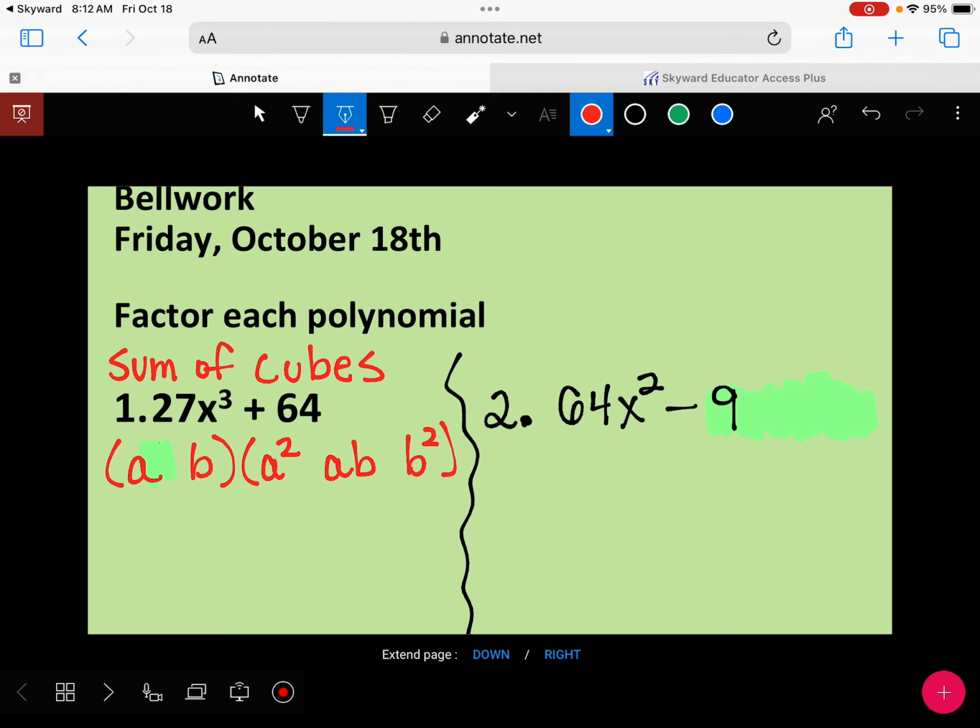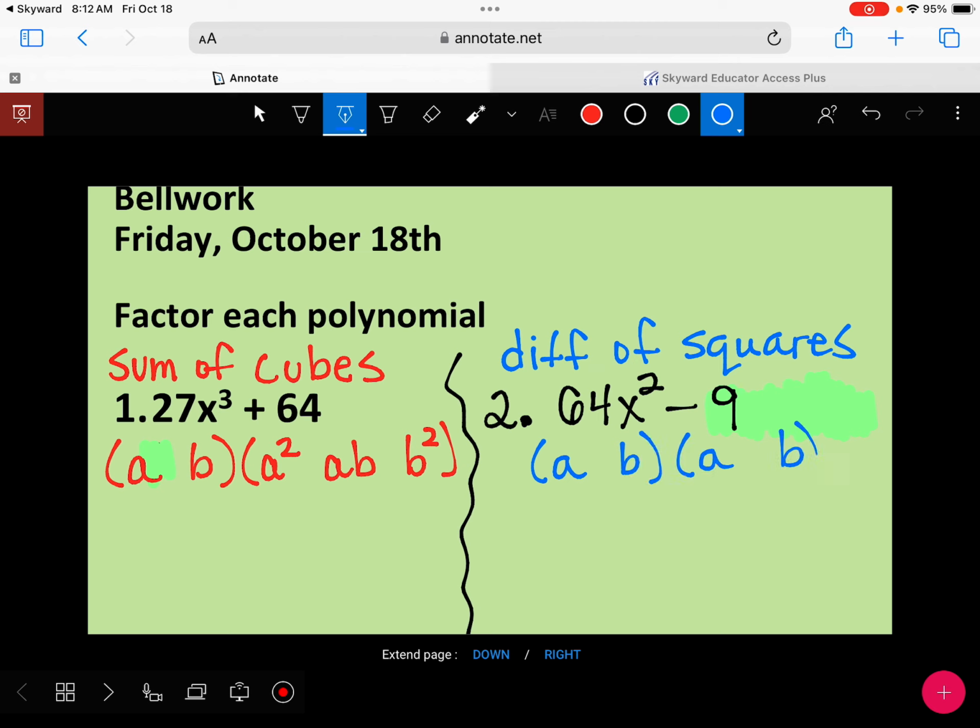The one on the left, well, actually the one on the right, sorry. The one on the right is the difference of squares. So it's important that you're able to recognize the two patterns. You do have a skills check next week, and it's over factoring.